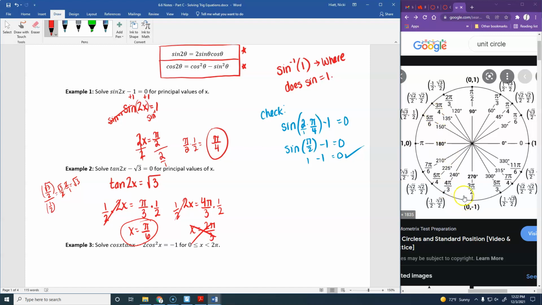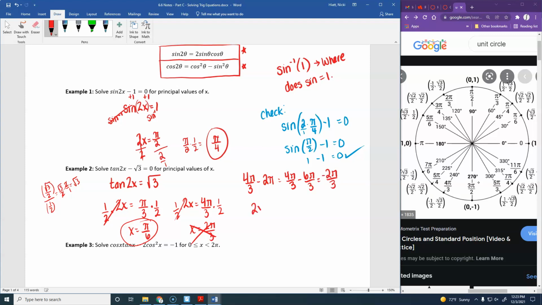If you look up here, it would be this distance if I was going this way, right? So it would be negative 2 pi over 3. Or the other thing you can do, 4 pi over 3, you could subtract 2 pi from it, which would be 4 pi over 3 minus 6 pi over 3, which would give you negative 2 pi over 3.